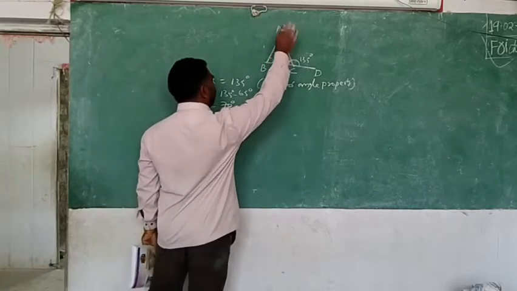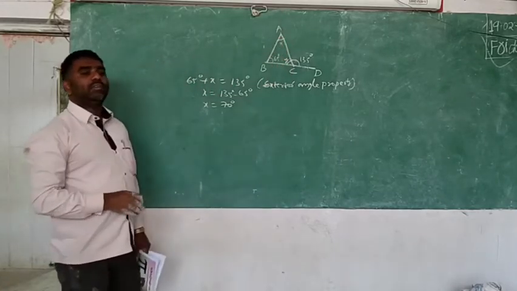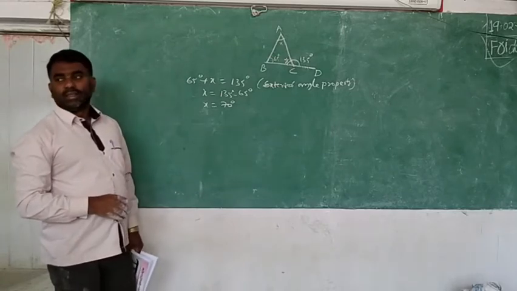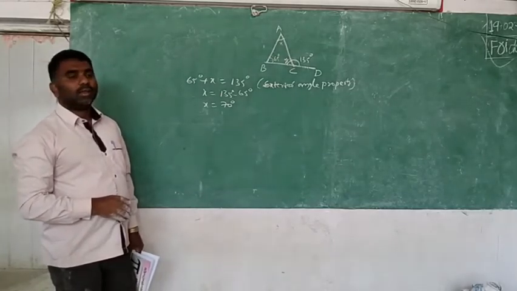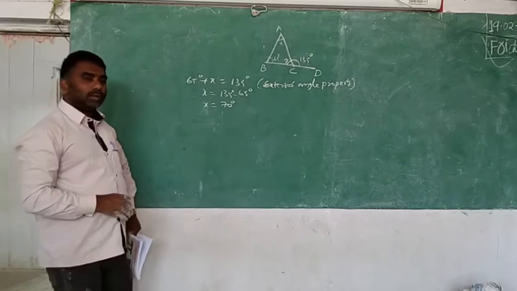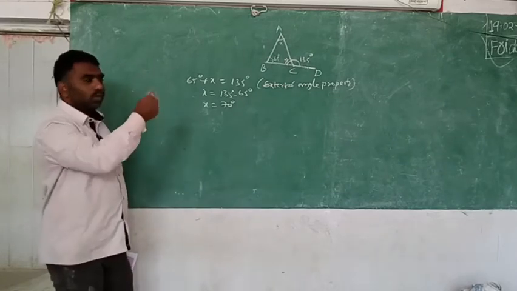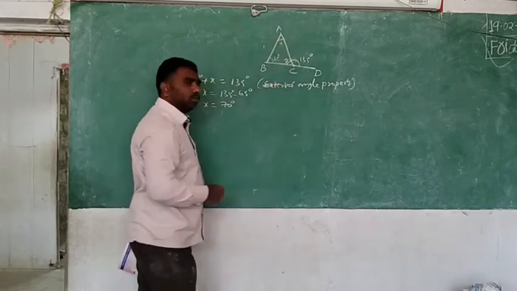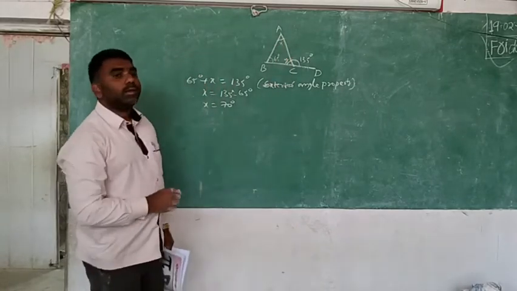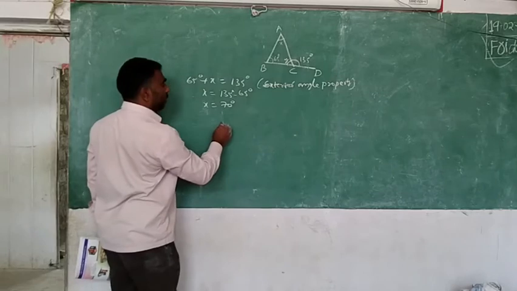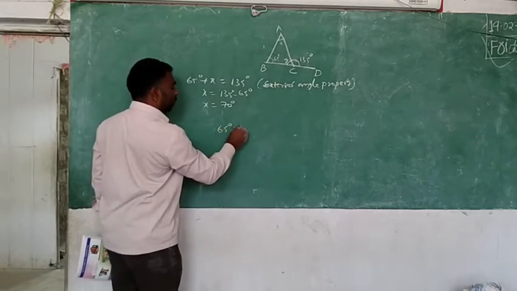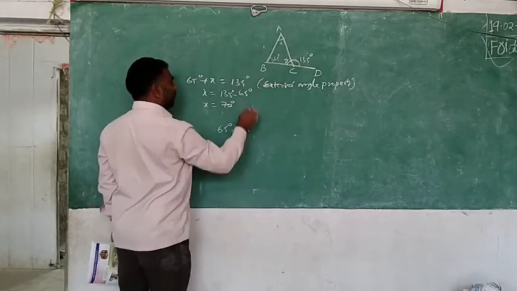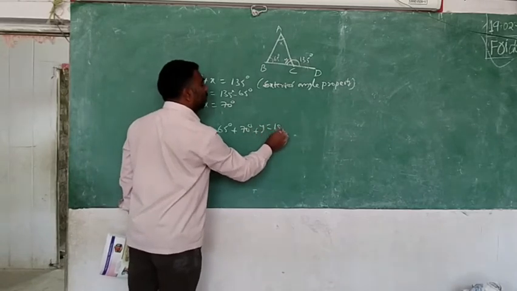So you got this. Then what do you use to find y? Otherwise you know that method, the angle sum property. The sum of the angles in a triangle is equal to 180. So 65 plus 70 plus y is equal to 180.